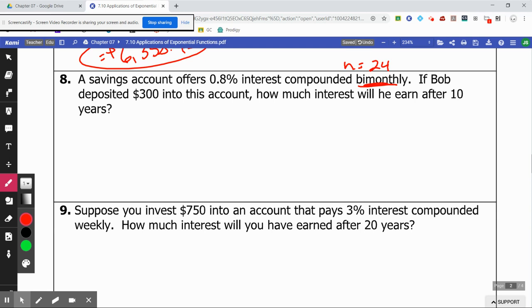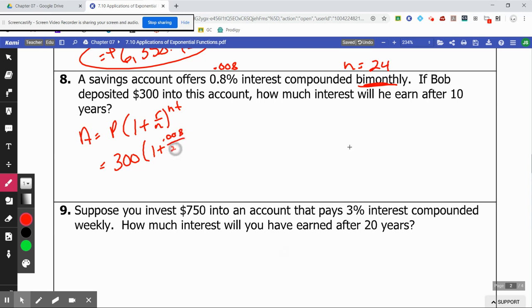Savings account offers, your interest rate would be 0.008, would be 0.8%. So A is equal to P times, I'm going to go ahead and write the whole formula again, raised to the NT power. Your principal, you are depositing $300. 1 plus the rate would be 0.008.